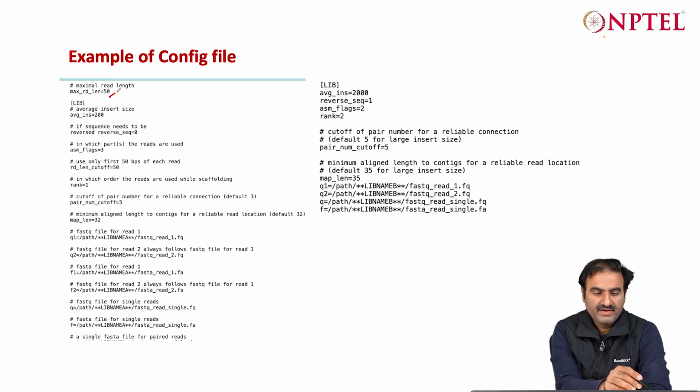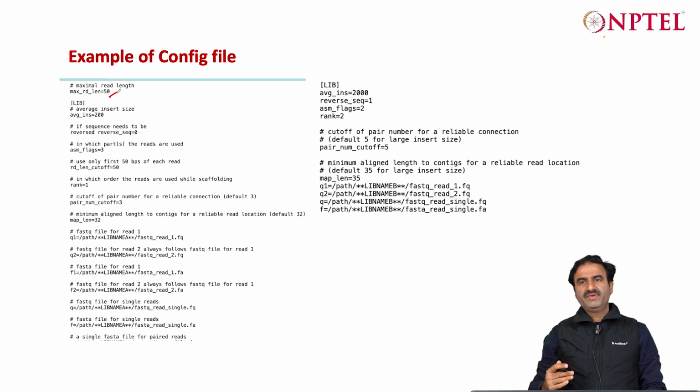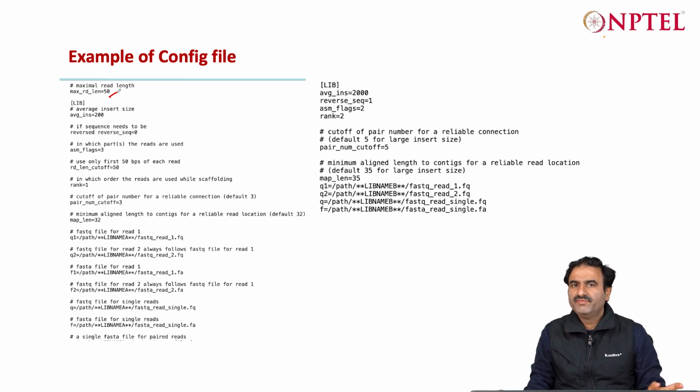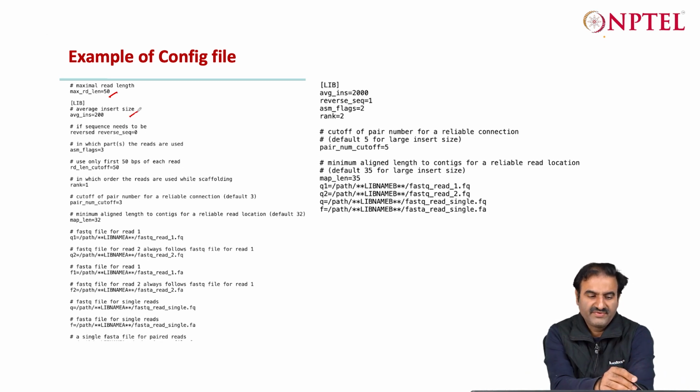In the config file you can say what should be the maximum read length. Your read length may be 150 base pair, but you might have trimmed some bases from either end or removed the low quality bases, so you may end up having a variable read length. So you may choose the minimal read length that you want to take. Average insert size, from when you were doing the library preparation, you have to specify, right?